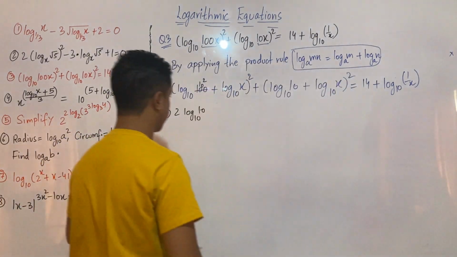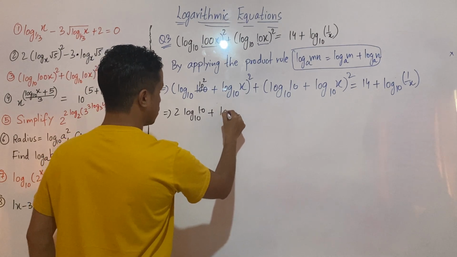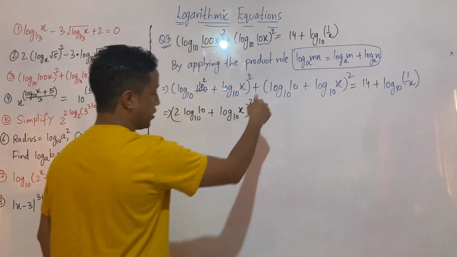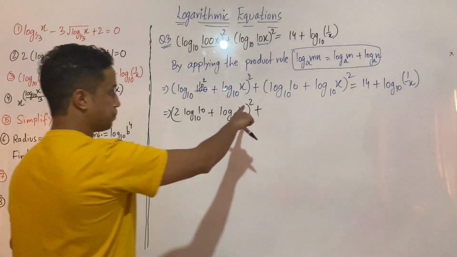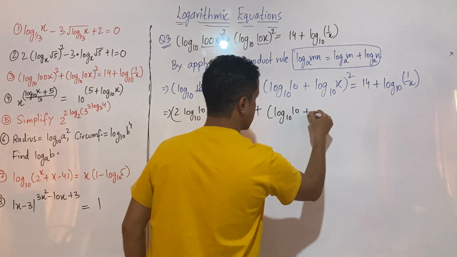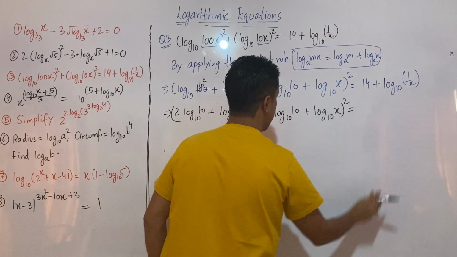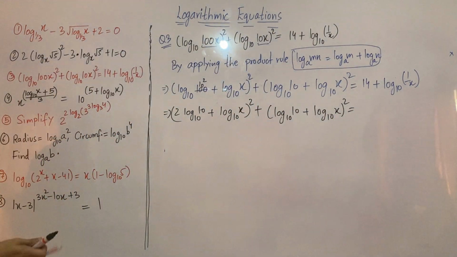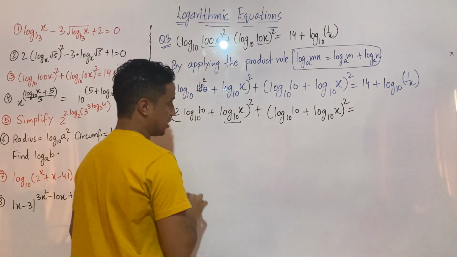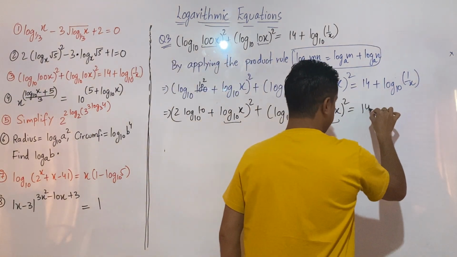And then here you have log x to the base 10 whole square plus, here again, log 10 to the base 10 plus log x to the base 10 whole square. Now it's time to observe something. Here we have log x to the base 10, here log x to the base 10, and here 14 plus.